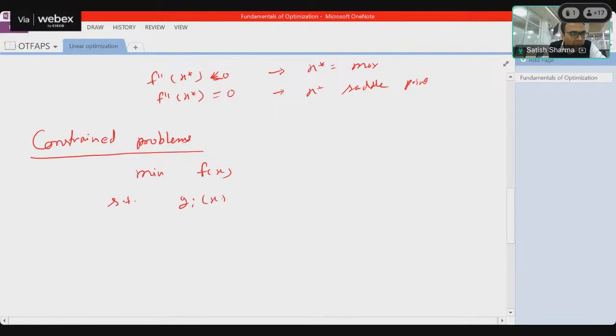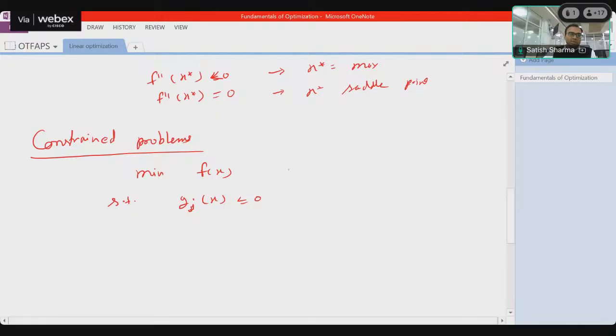such that some condition g(x) is less than or equal to 0. There are multiple g(x), and then some certain function. Whenever there are certain conditions, you can't minimize the function f(x) just using the first order derivative; the x values should satisfy this particular condition as well.